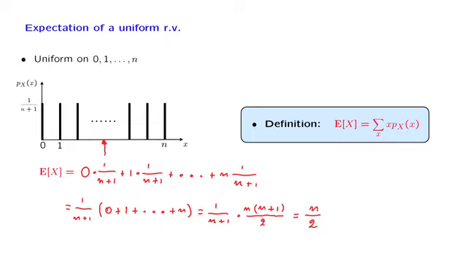More generally, if you do not have symmetry, the expected value turns out to be the center of gravity of the PMF. If you think of these bars as having weight, where the weight is proportional to their height, the center of gravity is the point at which you should put your finger if you want to balance that diagram so that it doesn't fall in one direction or the other.